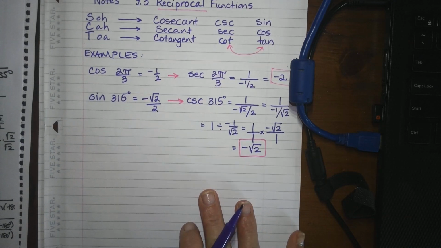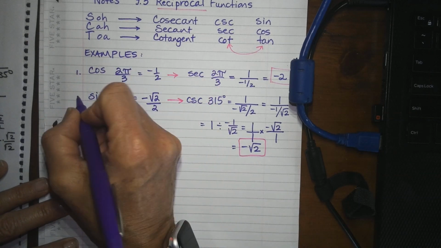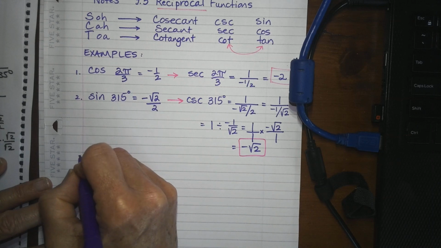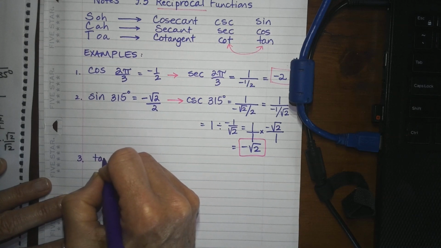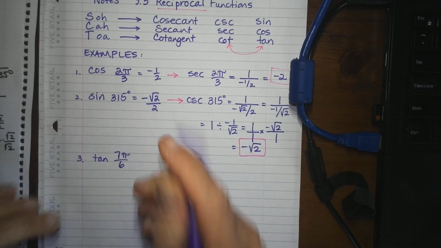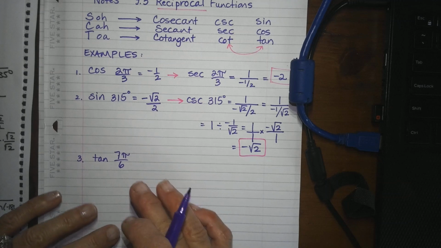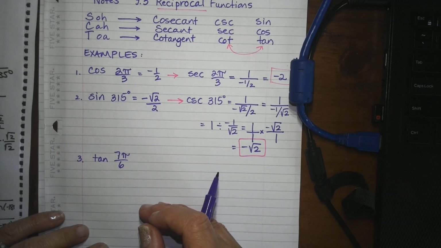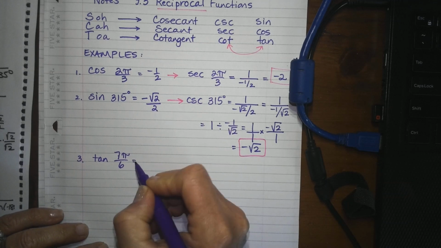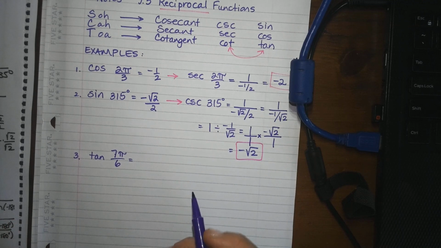Another thing in our examples that I want you to write down here, so that's example 1, example 2, is let's say we're looking at tangent of 7π/6. One thing we talked about the other day is that tangent equals sine over cosine. When we were doing that chart, it was y over x. Remember, sine equals y, cosine equals x.